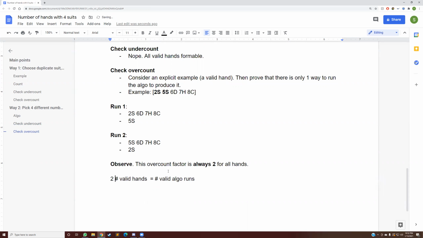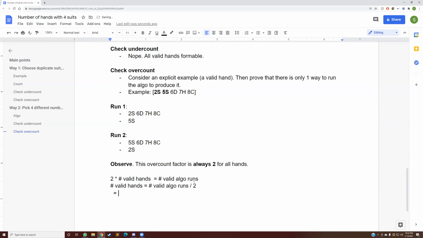We have discussed that 2 times the number of valid hands is equal to the number of valid algorithm runs. Another way of saying it is that for each valid hand, there are 2 ways of producing it with that algorithm. Okay. So the number of valid hands equals the number of valid algorithm runs divided by 2.